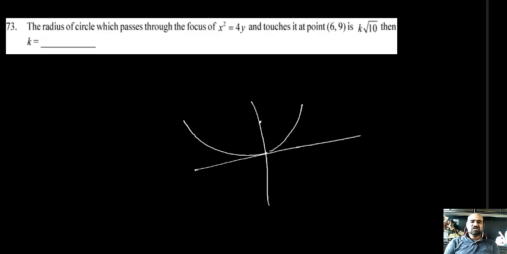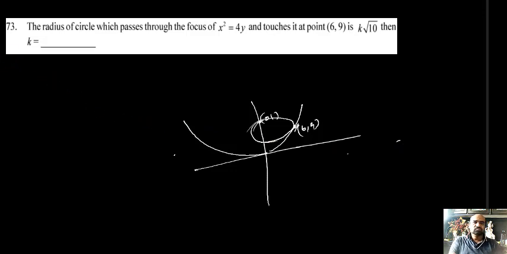Its focus is (0, 1), obviously. The circle passes through the focus and touches the parabola at the point (6, 9). Its radius is square root 10, then what is the value of k? That we should find.